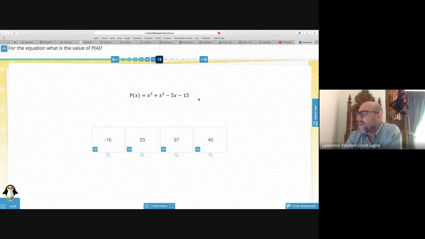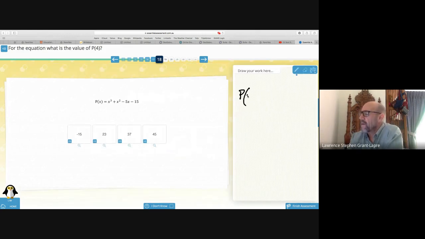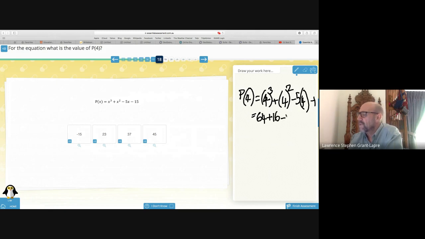What is the value of the polynomial of 4? We have to substitute 4 into that equation. So where x is, we've got to change x for 4. Minus 5 times 4, minus 15. So you get 64, 16, 20, minus 15.